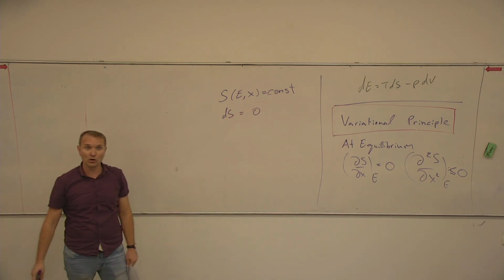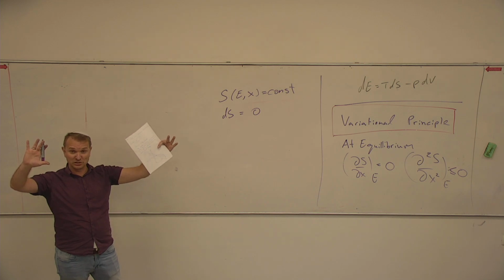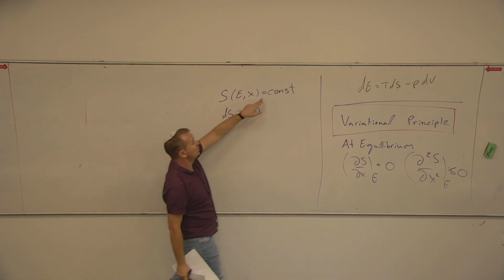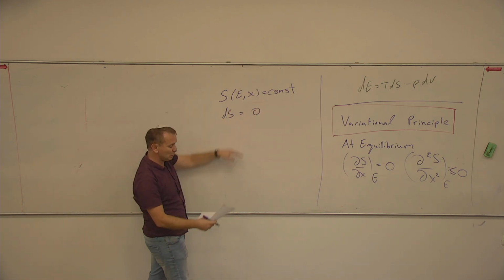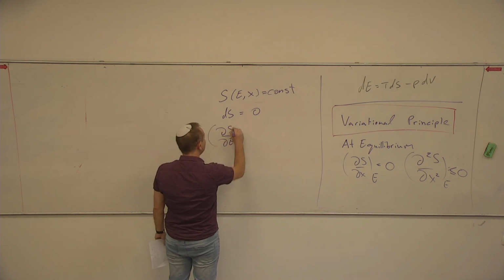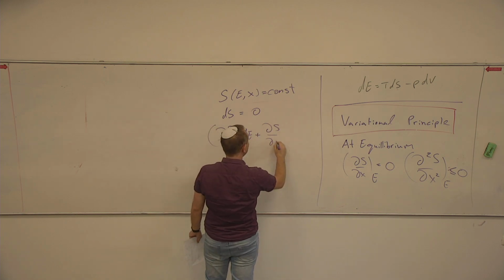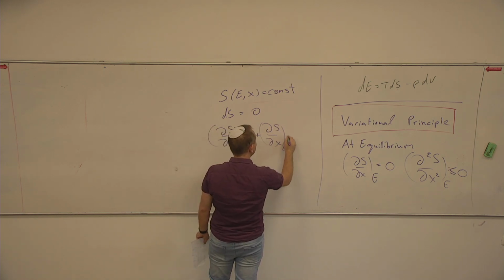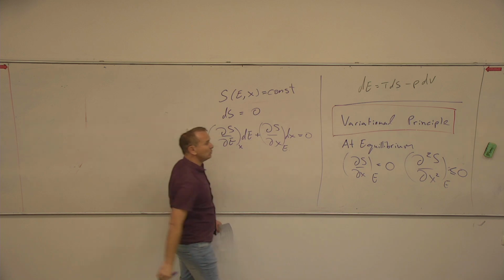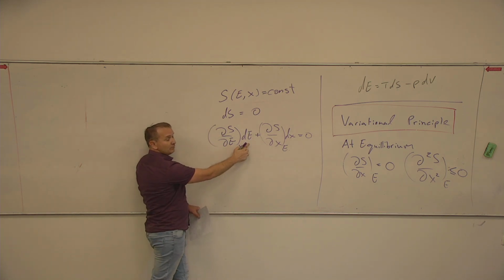Because I'm only looking at the macroscopic states for which S is constant, the differential equals 0, and I will write it as ∂S/∂E at constant x, dE, plus ∂S/∂x at constant E, dx, equals 0. Right? You're fine with that?